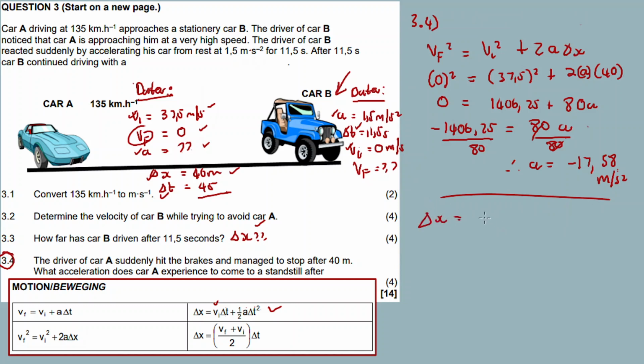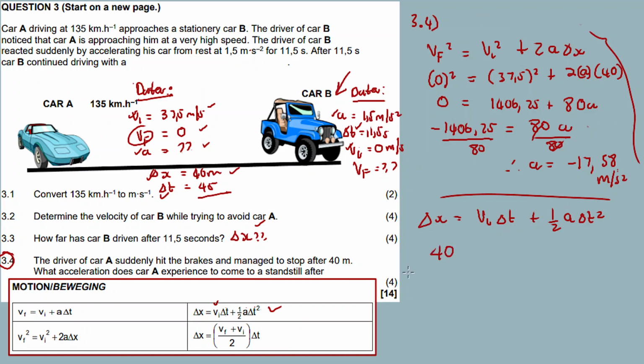Check this out again. Delta X equals V initial delta T plus 1/2 acceleration delta T squared. This approach isn't wrong. The only issue is that they gave us time, so we need to take that time into consideration.